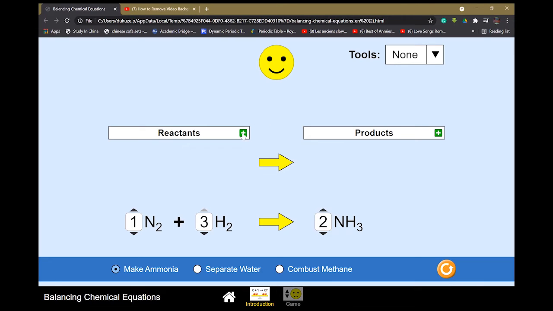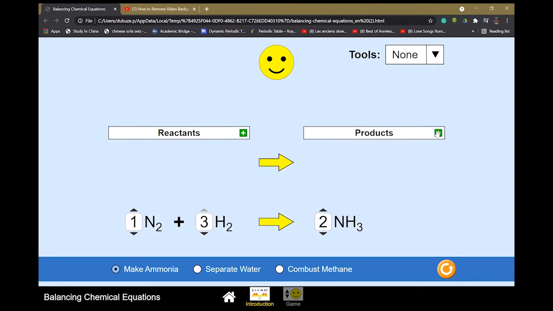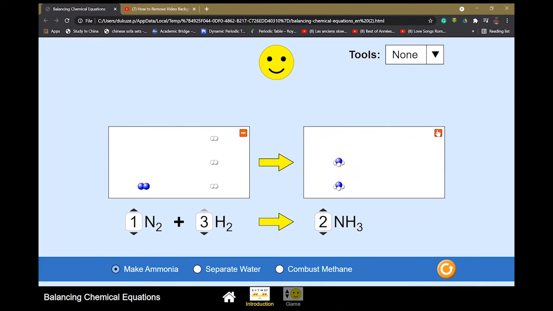Now we can hide this to show the simulation, the representation. Now we can show the boxes, and we show the box for the products.